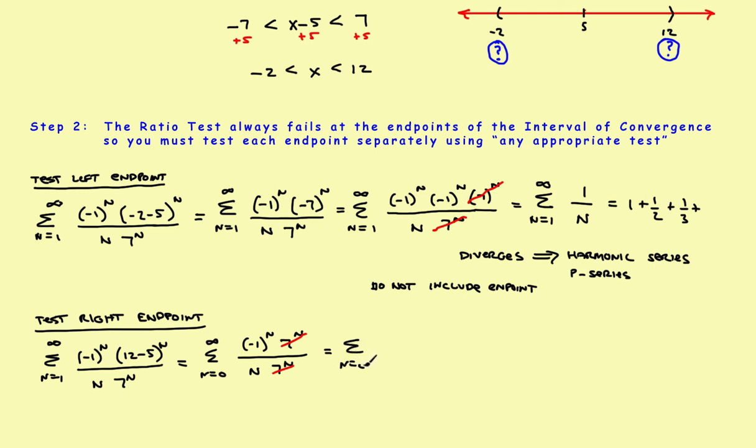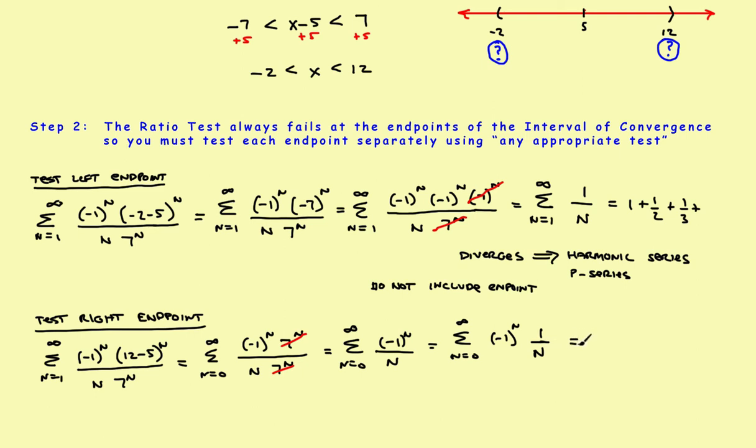Summation from n equals 0 to infinity of, in the numerator, a minus 1 to the n over n. And I like to write that in this form, as the summation from n equals 0 to infinity. I like to put the minus 1 to the n over here, and then times 1 over n. Now again, hopefully you'll recognize what this is.